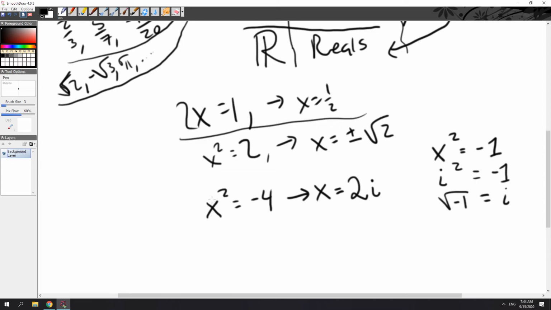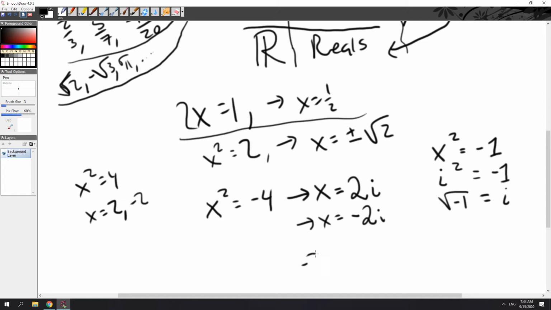There's actually two answers that would work. Just like if we had x squared equals 4, x could equal 2 or negative 2. Here x can equal 2i or negative 2i.